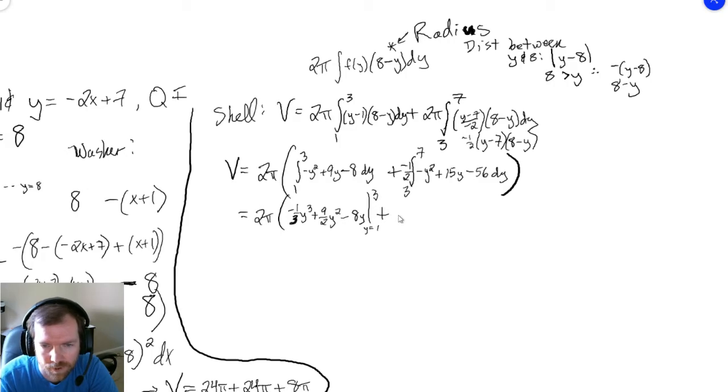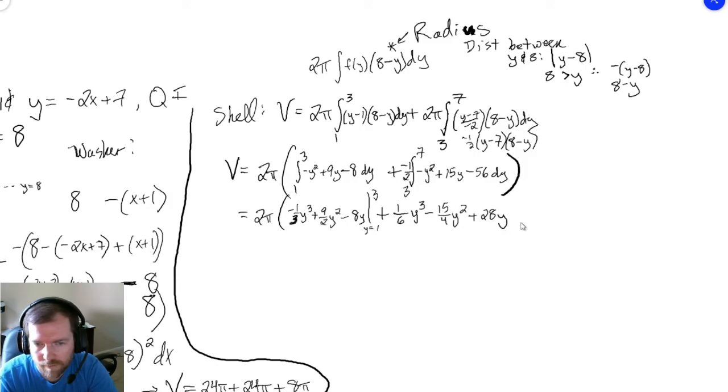This is going to make it a plus 1 over, this is going to be 1/2 times 1/3 is 1/6 y cubed. A negative 1/2 times 1/2 y squared is going to be 15 over 4 y squared. And then here, a negative times a negative is a positive. 56 over 2 is 28y. Evaluated, y goes from 3 to 7.